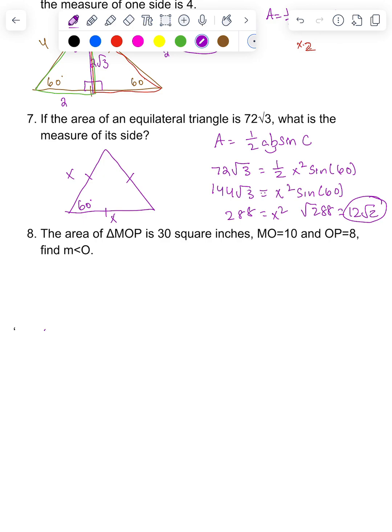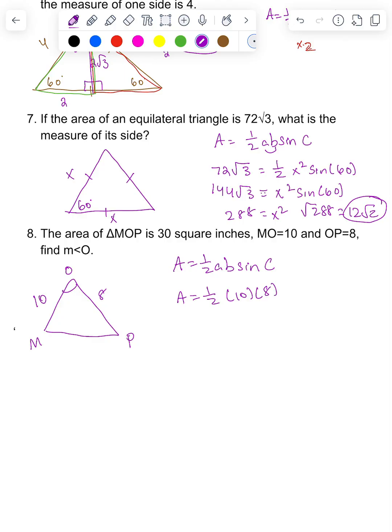Okay, the area of triangle MOP is 30 square inches. MO is 10. OP is 8. Find angle O. So area is 1/2 ab sine of angle C. 10 times 8. Oh, I forgot to put the area in. The area is 30. And we are finding angle C, the angle in between. So this is 30 equals 10 times 8 is 80.